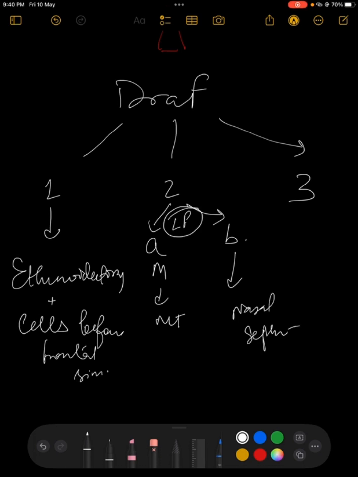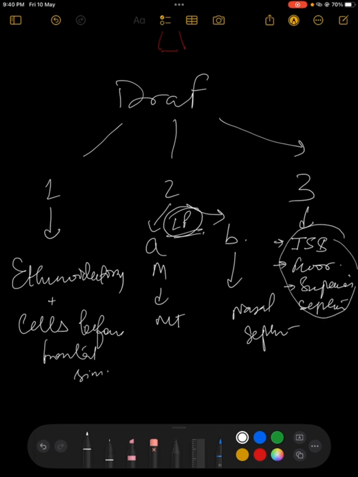And the lateral limit is lamina papyracea. And type 3, three structures we are removing: intersinus septum, floor of frontal sinus, and superior part of septum. So we are removing all these structures to access the frontal sinus.